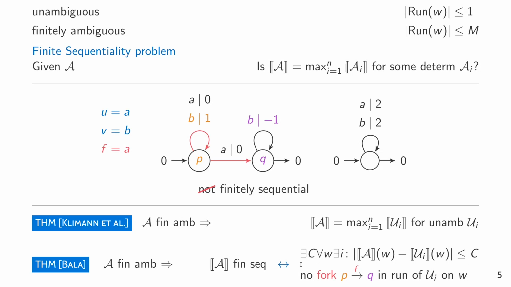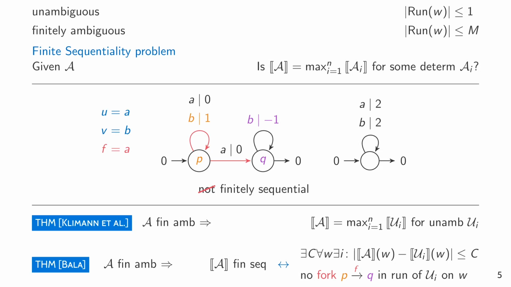There should be a constant c, a bound, such that for every word, there exists an i, one of the automata from this unambiguous decomposition, which assigns a weight to the word which is close to the weight which A assigns to this word, and close here means that the distance is not larger than c.